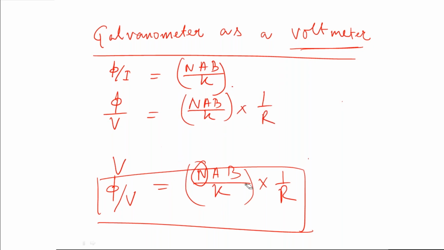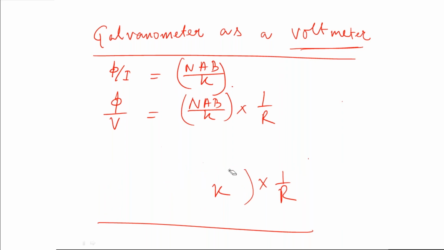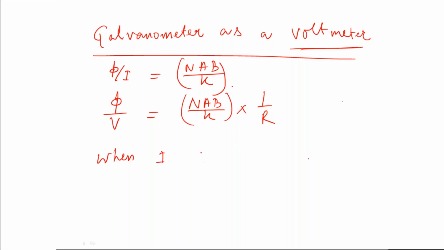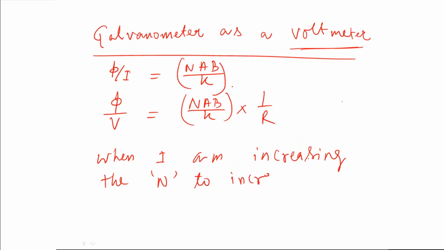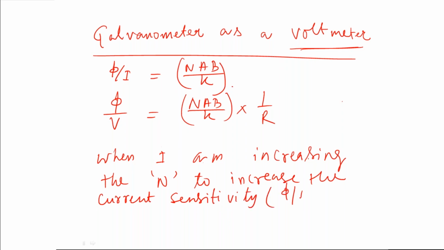So the question is, when I am increasing the number of turns, this N, to increase the current sensitivity, φ by I, whether the voltage sensitivity also increases or changes.